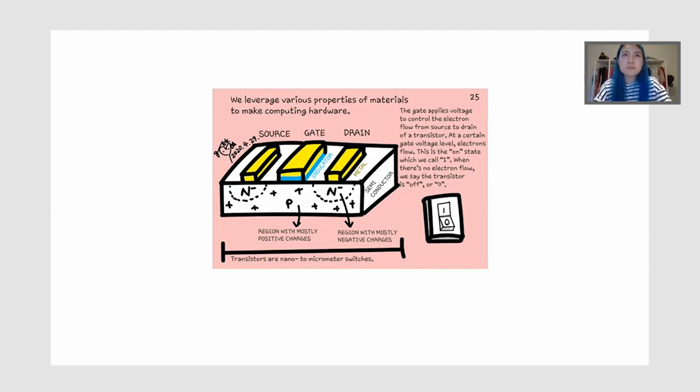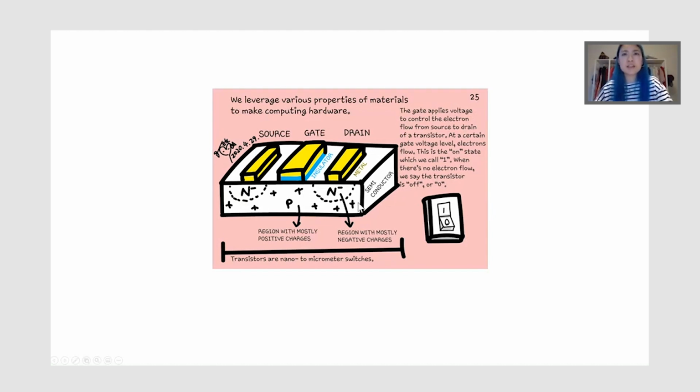And then if there's electricity from source to drain, you can control that with the gate, how much electrical current you want to flow. If there is electricity, then you can call it on, so that's a 1. If there's no electricity, you can call it 0 to be your off state.